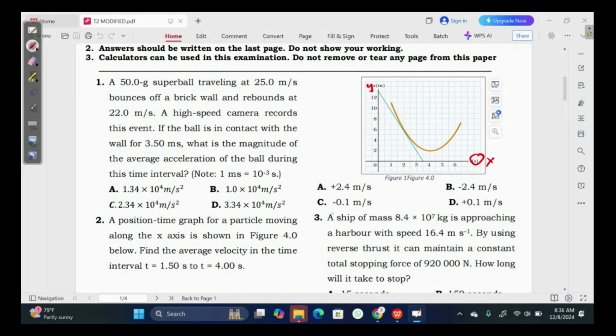Okay? So what we're going to do, we're going to find the average. I put a dot on top. That is the average. So the average velocity has to be equal to the change in y divided by the change in x. What I'm trying to tell you here is the x is the time, the y is the displacement.